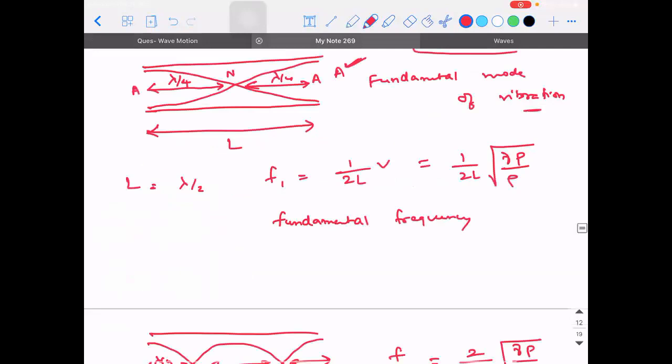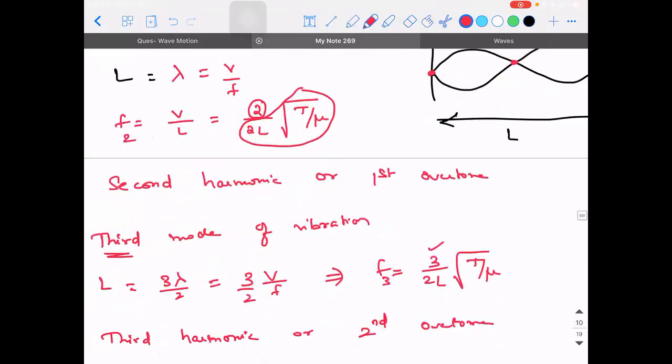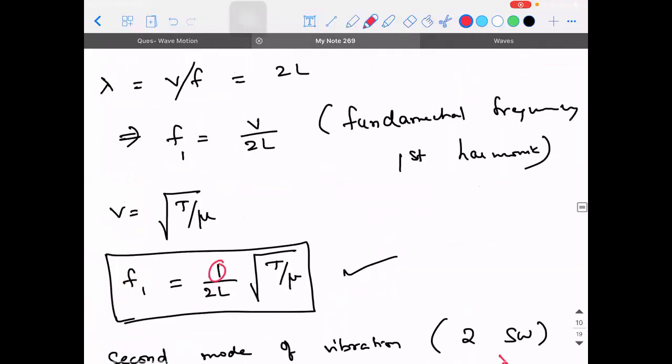Look at the equation. If you observe, 1 by 2L into root of T by mu is the same. In the second mode of vibration, the numerator is 2. In the third mode of vibration, the numerator is 3. In the first mode, the numerator is 1.